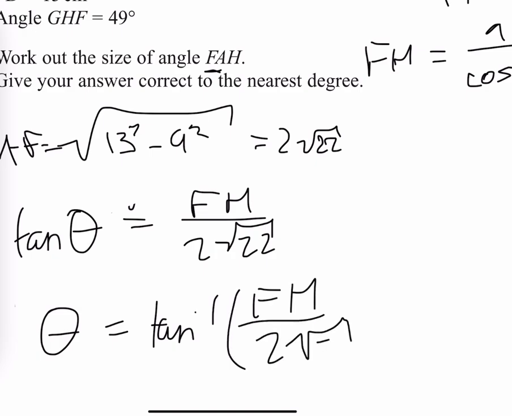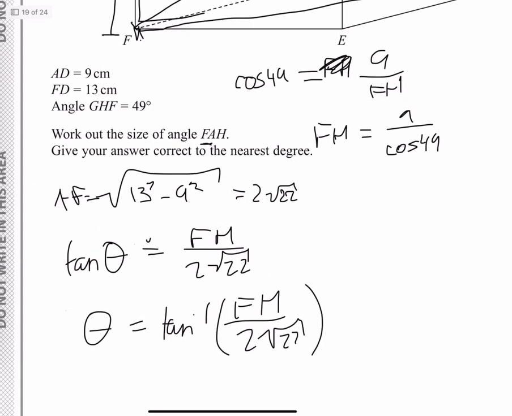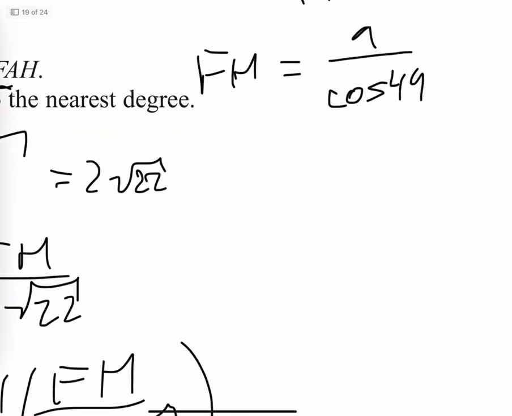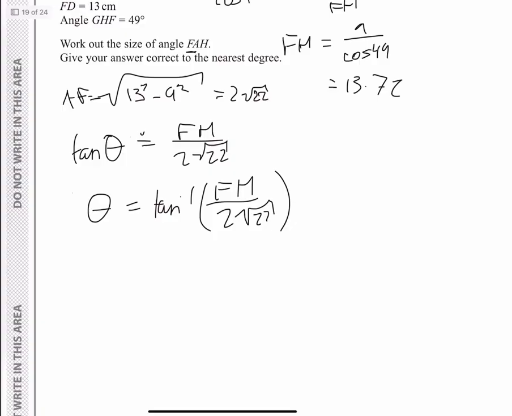You would want to write out FH, I just haven't here, so I'm sorry about that. But we'll work out, so FH is 9 over cos 49. Make sure you calculate it in degrees, as I've already said, which gives me 13.72.